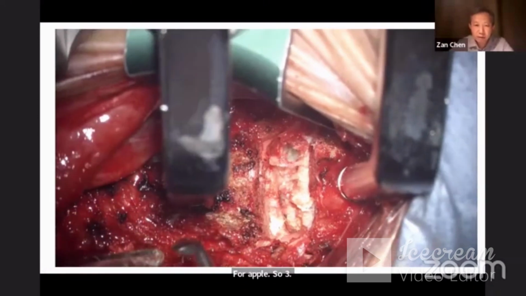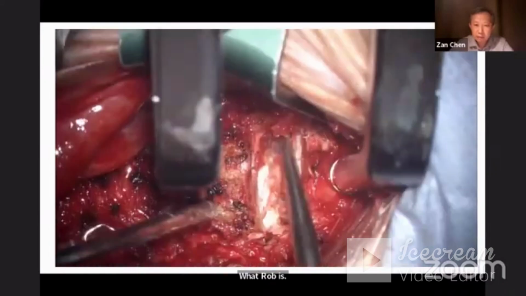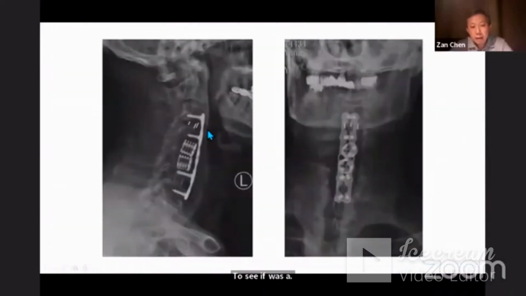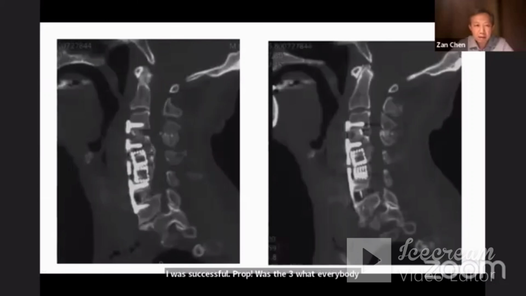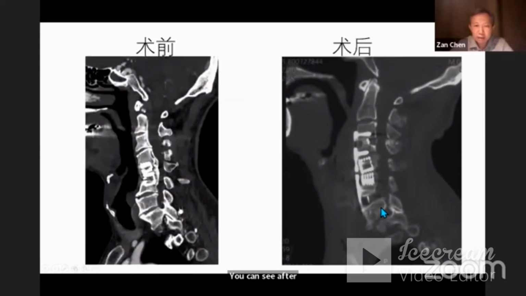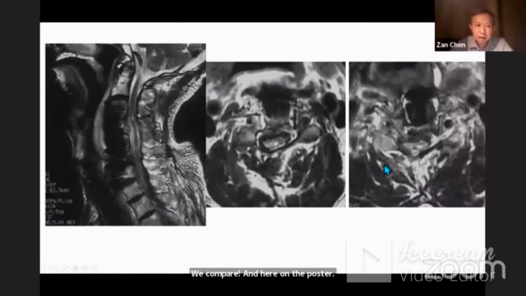To save time, we skip the video. After operation, we successfully pulled up the 3 vertebral bodies anteriorly. You can see after operation, the spinal canal is enlarged. We compare anterior and posterior operation. And the spinal cord is totally decompressed.